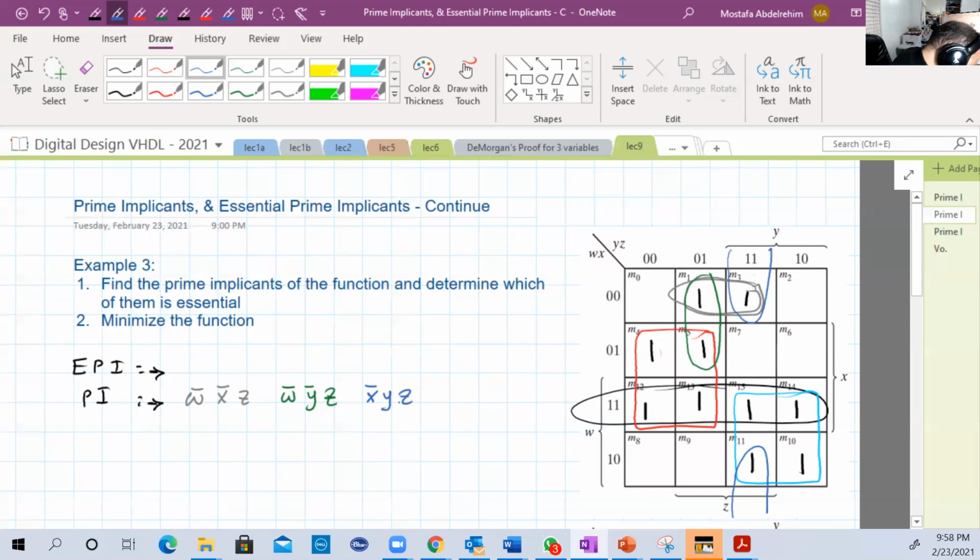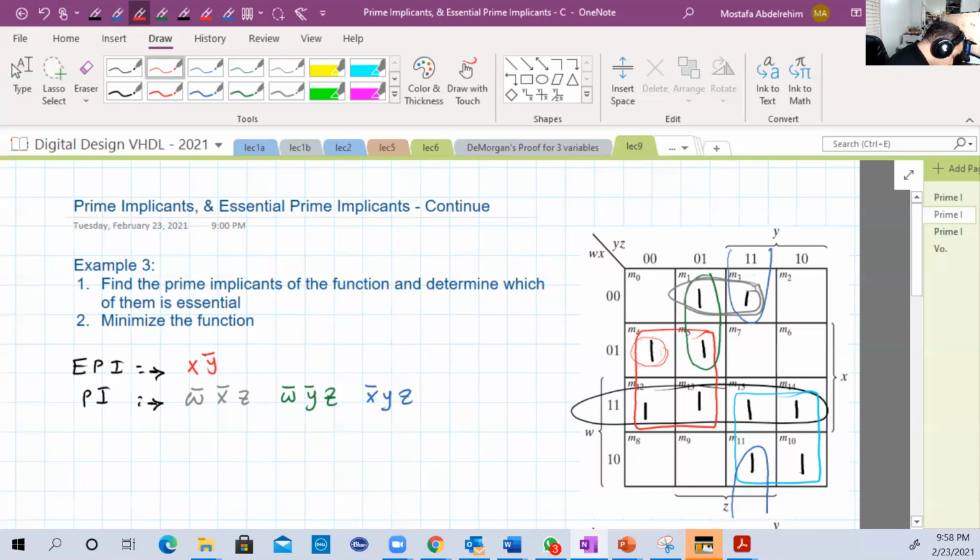Okay. Now, let's go to the red. The red is essential. Why is it essential? Basically because this one here is not contained with any other prime implicant or any other group. So that's why the red is an essential prime implicant. So write this down. W is changing, X is not changing, Y is not changing, but it's Y bar, and Z is changing.